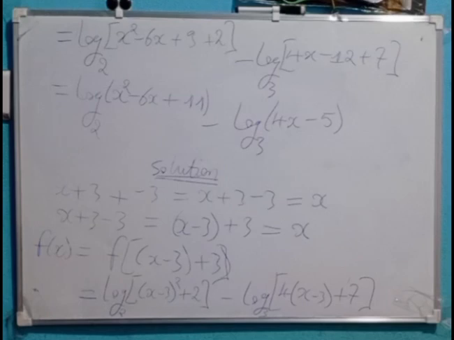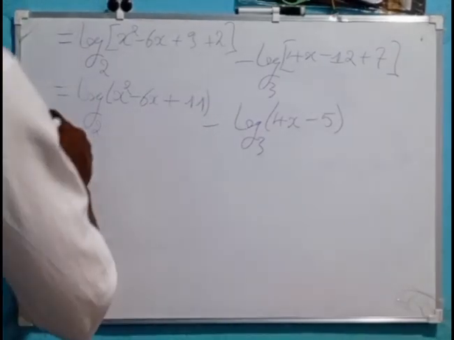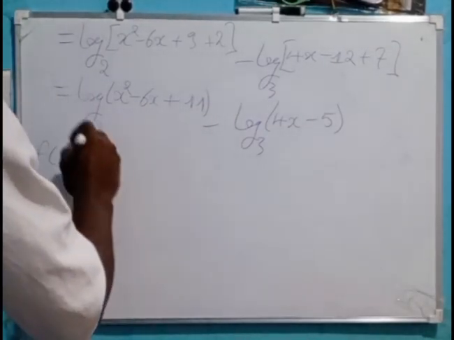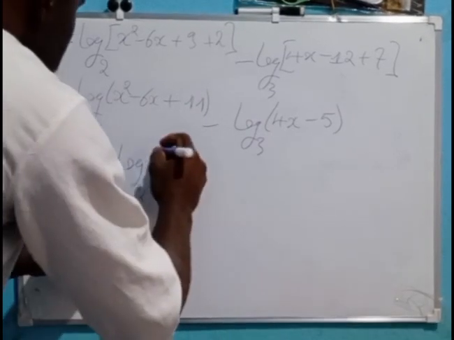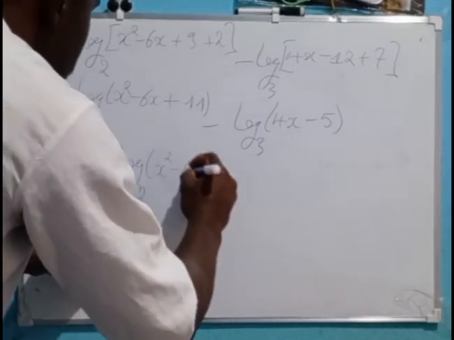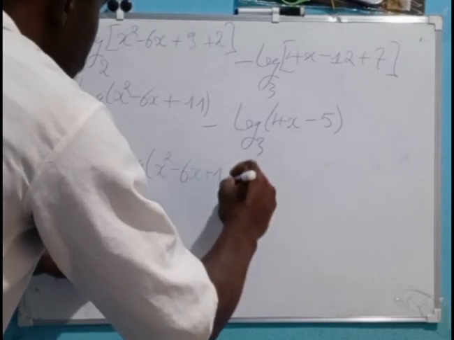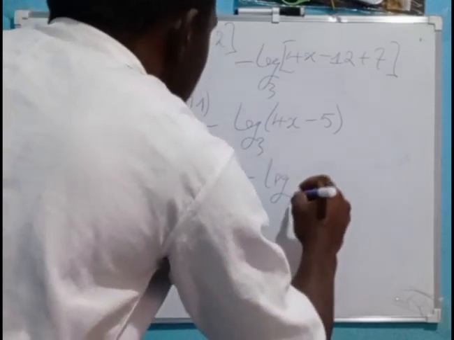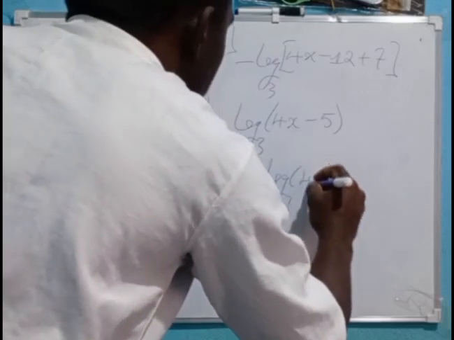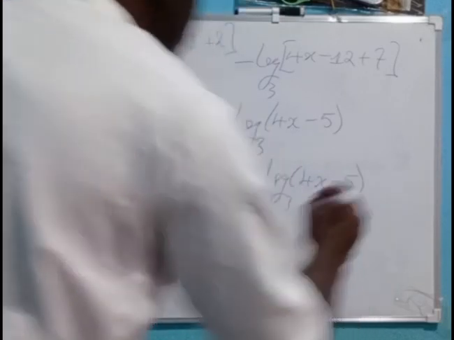Next, we have to find f of 5. f of x is equal to log to the base 2 of x squared minus 6x plus 11, minus log to the base 3 of 4x minus 5.